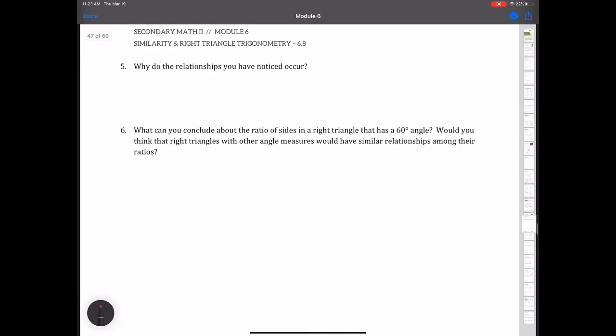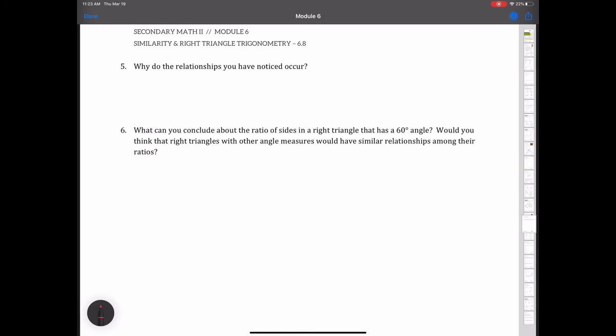Number 5: why do you think the relationships have occurred? It's because they are similar triangles. The ratios of the sides are the same, which means we have triangle similarity by the side-side-side triangle similarity theorem.